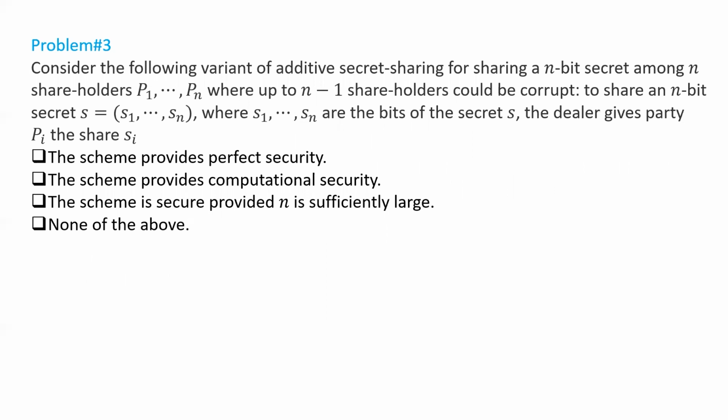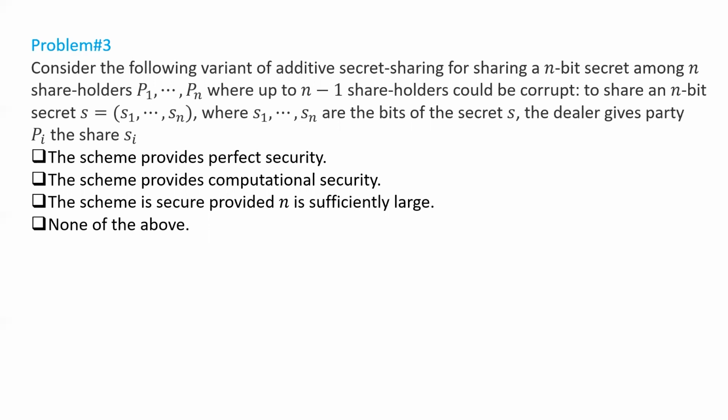In the next problem, consider the following variant of additive secret sharing. For sharing an n-bit secret among n shareholders P1 to Pn, where up to n-1 shareholders could be corrupt, to share an n-bit secret S equal to S1 to Sn, where S1 to Sn are the bits of the secret S, the dealer gives party Pi the share Si.